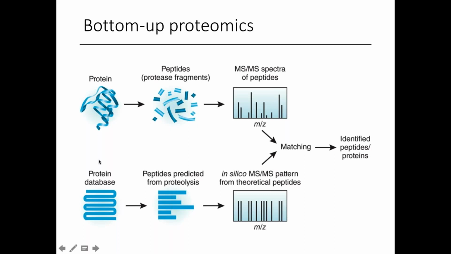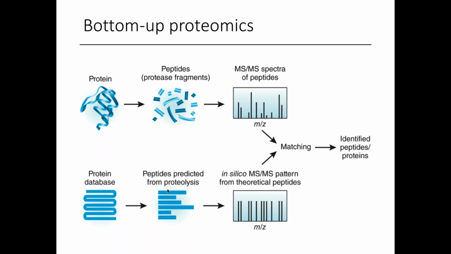So the database search engine works like this. First we have a protein database, which is all the protein sequences known before. We can get this data from either sequencing data or previous mass spec data. Then we can perform an in silico tryptic digestion to have all the tryptic peptide sequences.